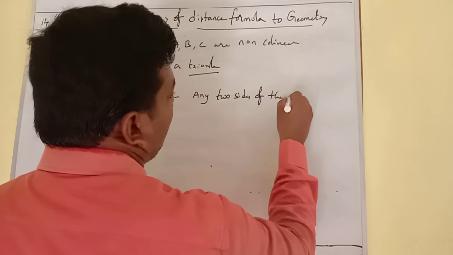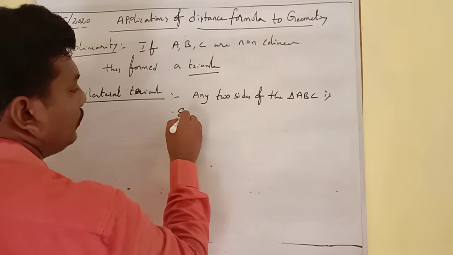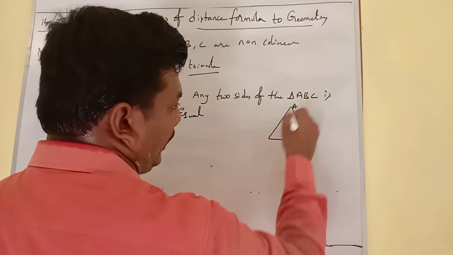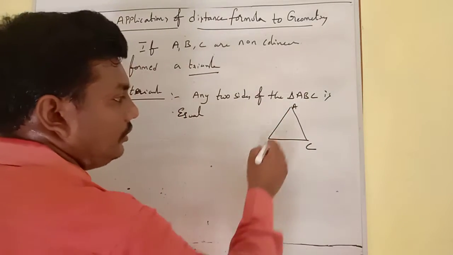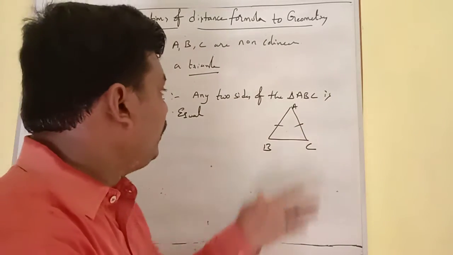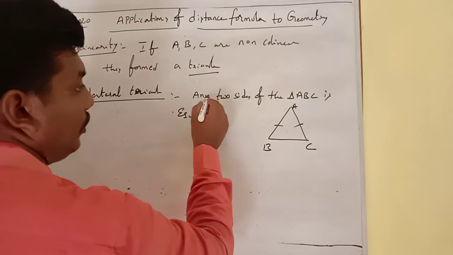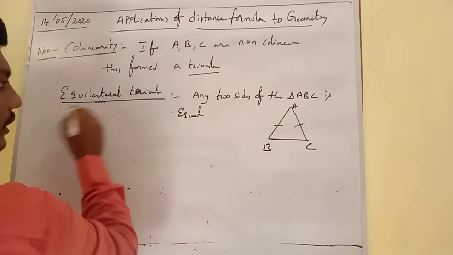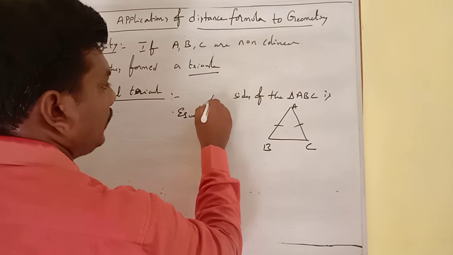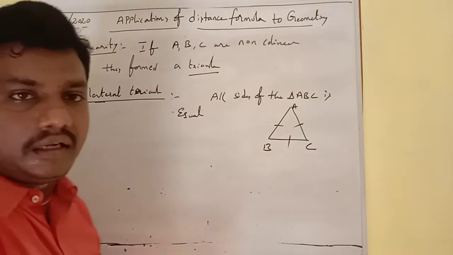If you consider any two sides of triangle ABC and these two sides are equal, then we know that ABC is an isosceles triangle or equilateral triangle. In the case of an equilateral triangle, all the sides of the triangle are equal.